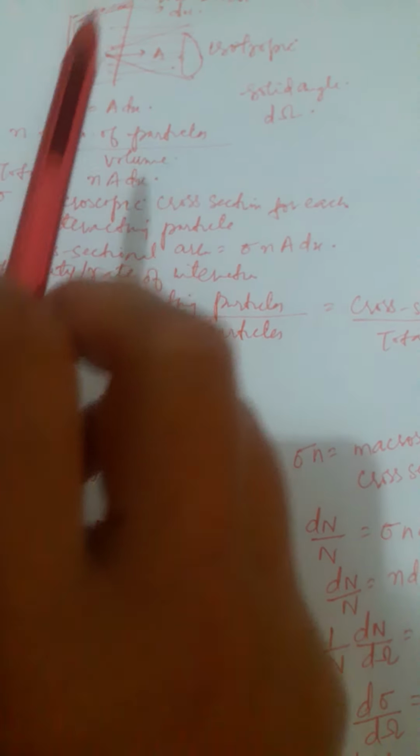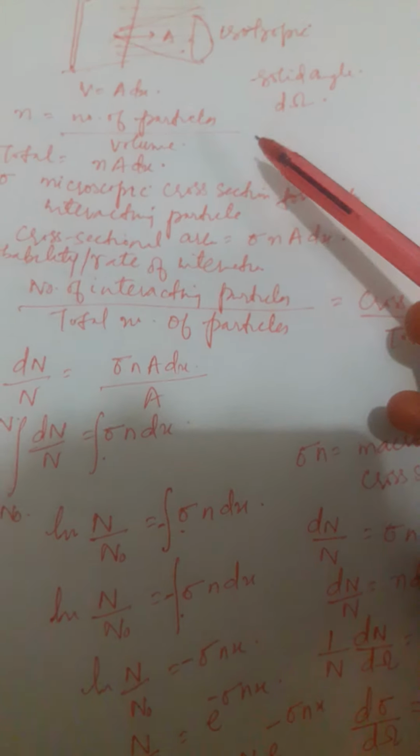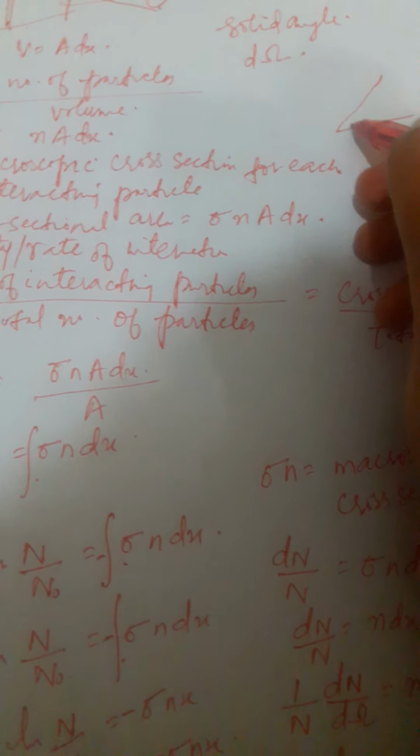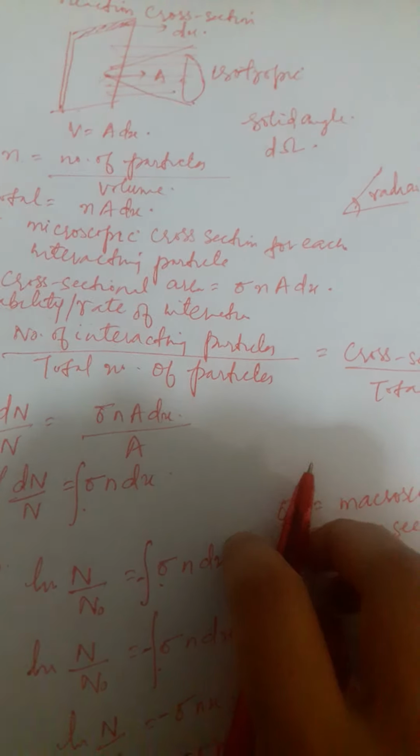In case the interacting particles or the medium do not have an isotropic dependence, then we proceed to solid angle. We know that a plane angle is formed by two lines or two planes, and it is measured in radians. But for a solid angle, for example, if I take the area offered by the upper part of my hand, this area will subtend a certain angle at the center.